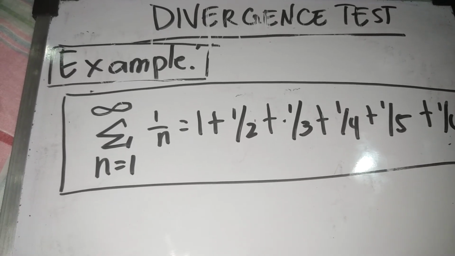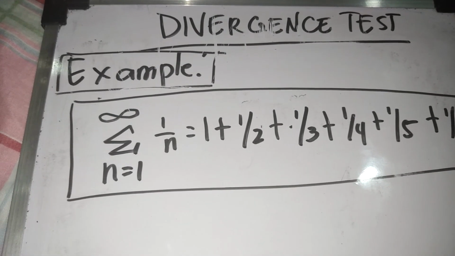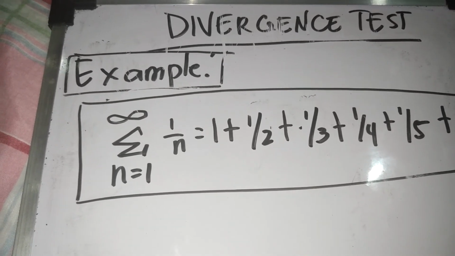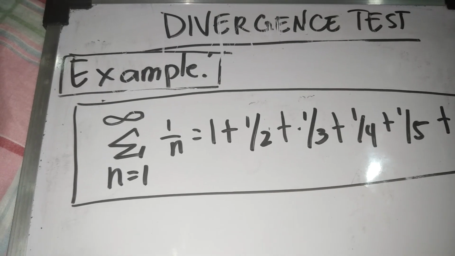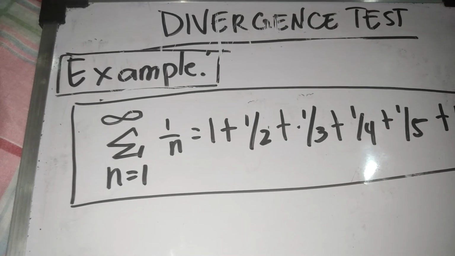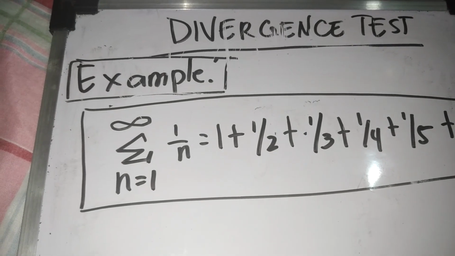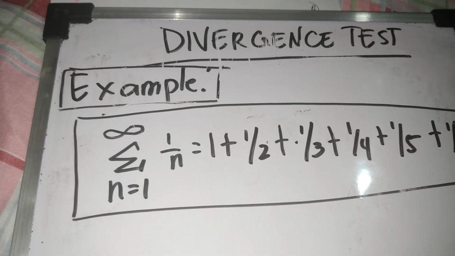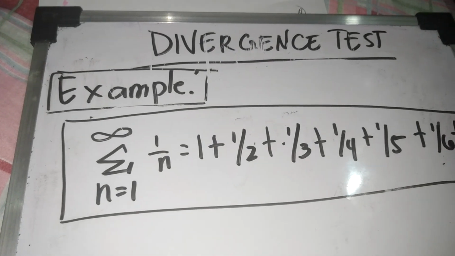Even though each term gets smaller and smaller, the sum continues to get bigger and bigger. So, the sum diverges, and you need to know that for a harmonic series, the infinite sum will always diverge. It's going to keep getting larger, so it does not converge to a specific value.